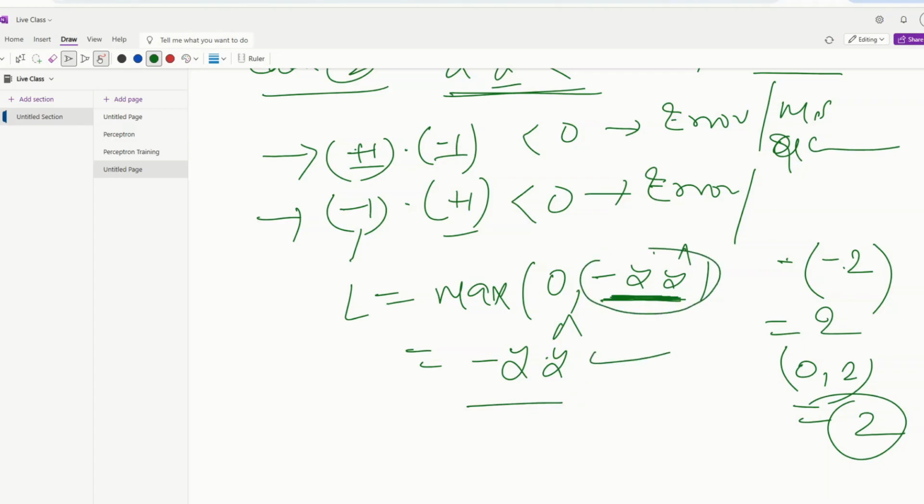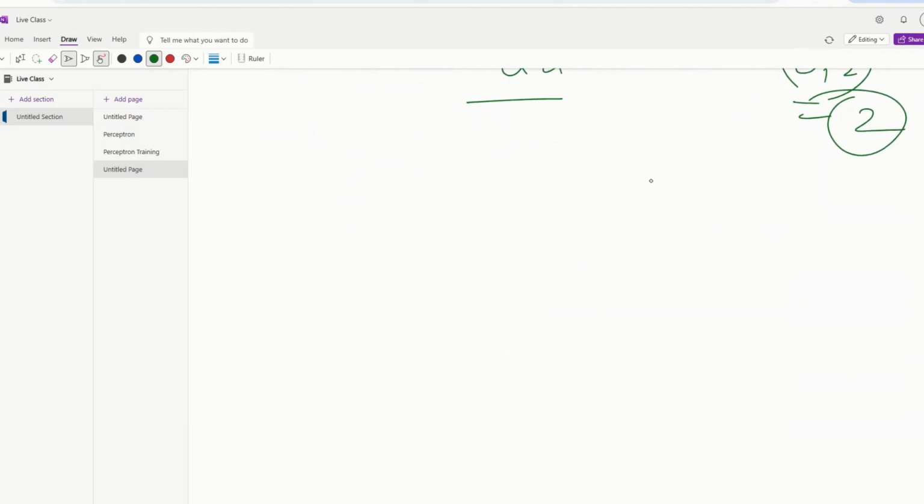Let me summarize what we covered. I hope now you're able to understand the concept. My loss function is max of 0, minus y into y predict.